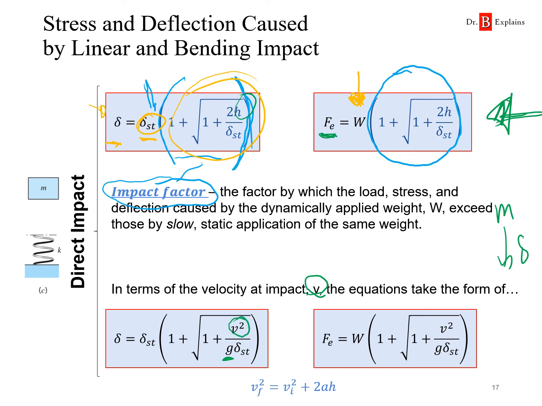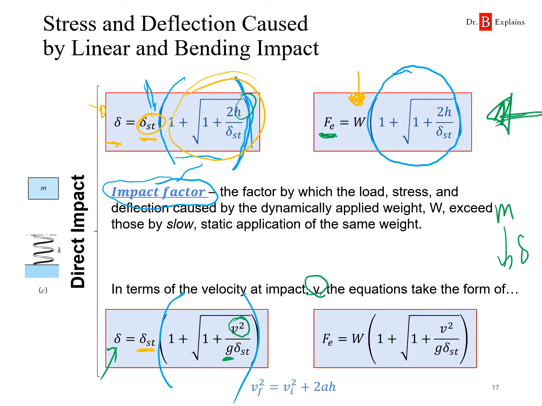And I have this on the bottom, so I have that delta, the dynamic deflection, is equal to the static deflection times this over here in parentheses, which is the impact factor, but now written in terms of the velocity v. That's the velocity at which the mass is going to strike the object.